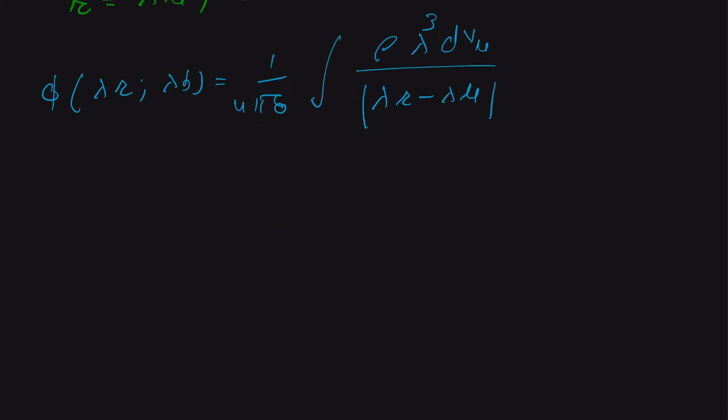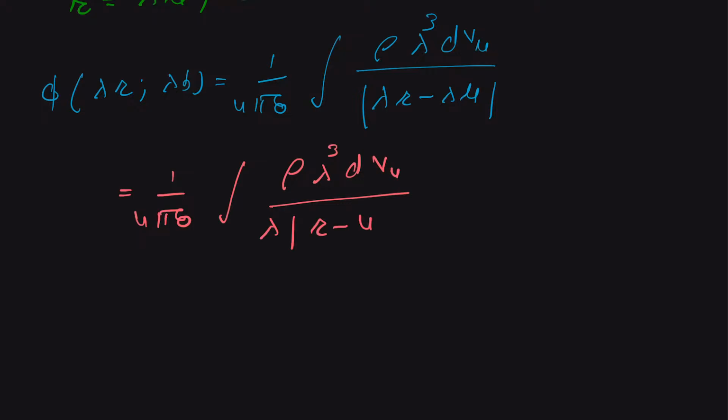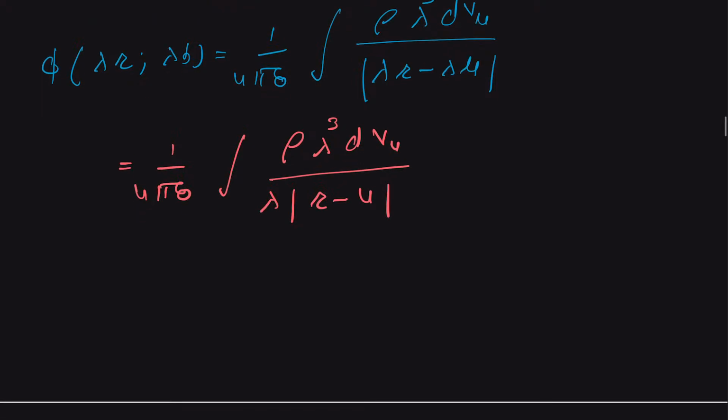We can take lambda as common from the denominator, so this comes as 1 upon 4 pi epsilon naught, rho lambda cube dV, over lambda r minus u, and this goes by the square. So we can write this will be equal to lambda square times 1 upon 4 pi epsilon naught integral rho dV over r minus u.